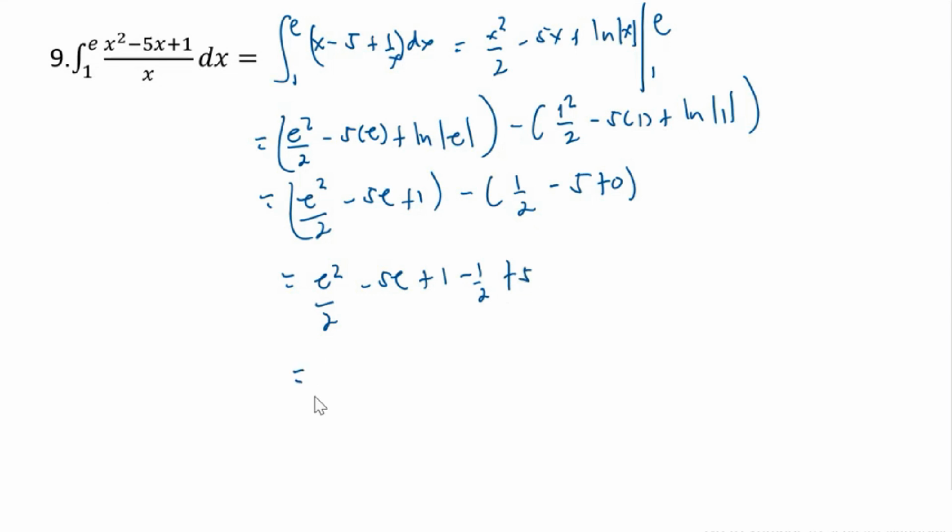So combining like terms, we can write now e squared over 2 minus 5e. These ones are all constants, so we're going to combine that one. So 1 plus 5 is 6. And 6 minus 1 half, so that is now 11 over 2.